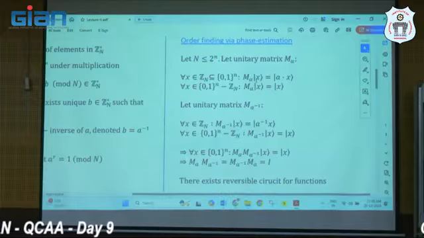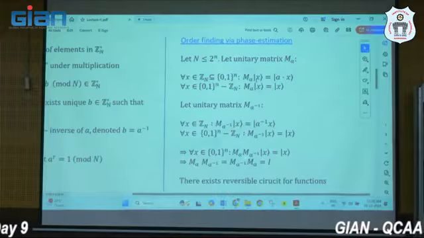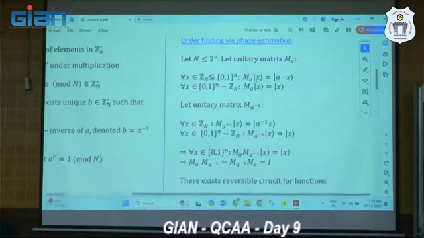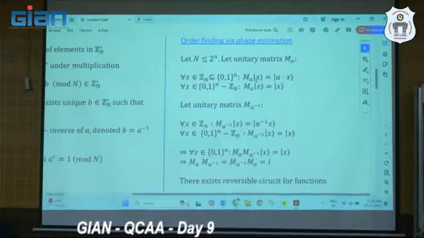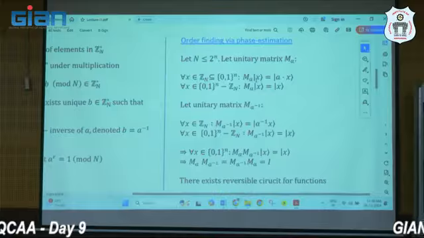Now, what do we note? For all x, if I multiply MA times MA inverse, what do I get back? I multiply by a, then I multiply by a inverse. What do I get? Same element back, no? So therefore this is identity. Correct? Yes?